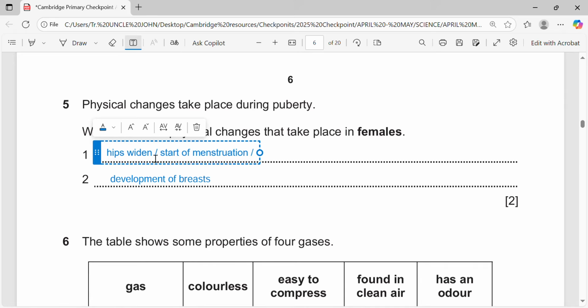You can say body hair. Remember, they only said two. You just choose the two.